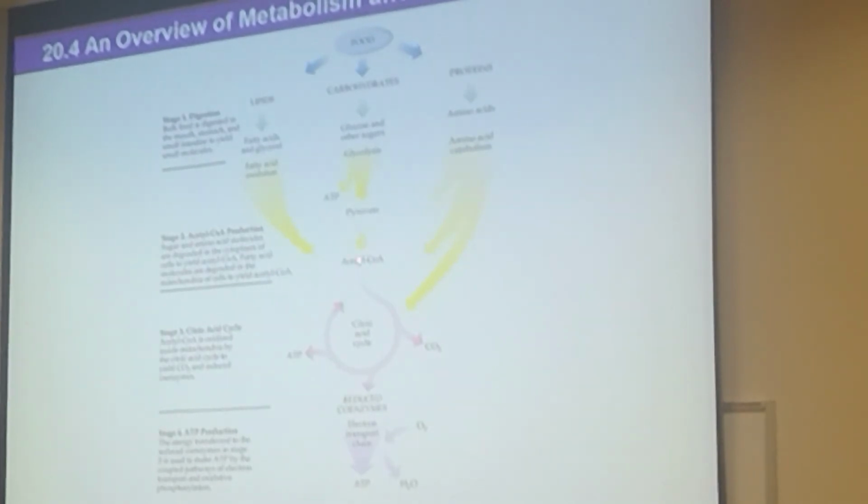Follow that one, then we will meet at the acetyl coenzyme A. Carbohydrate also goes through a number of steps that we are going to meet at the acetyl coenzyme A, and the protein also, after a number of steps, we are going to meet at the acetyl coenzyme A. So acetyl coenzyme A production is our stage 2.